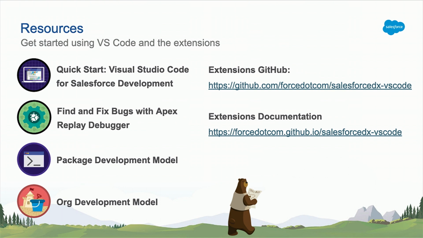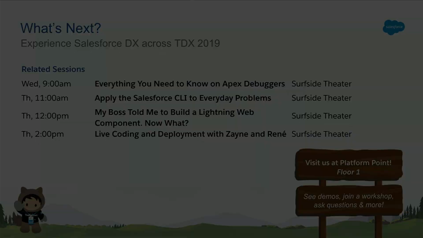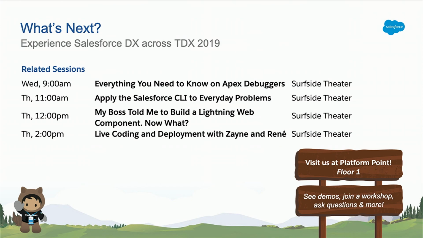Just to plug this, we also had a colleague that did a talk yesterday exclusively on debuggers, so it's a large enough topic for that. Hopefully when they upload all the presentations, that's one of the ones included, in a couple of weeks or something like that. Yeah, so the first one that you see on the screen up there is the one that we were trying to plug right now with the Apex Replay Debugger.